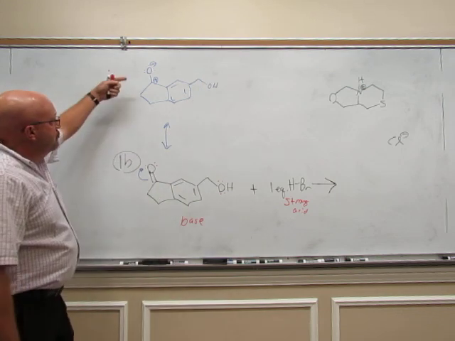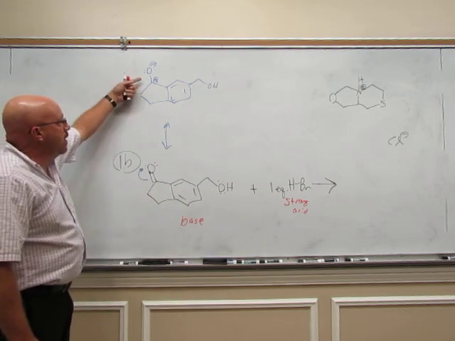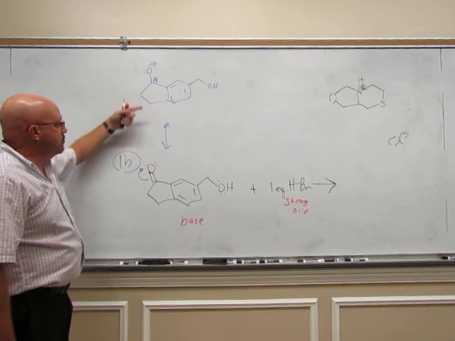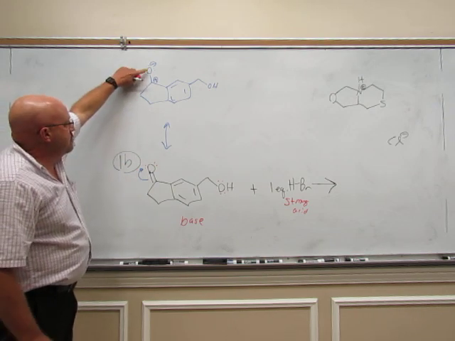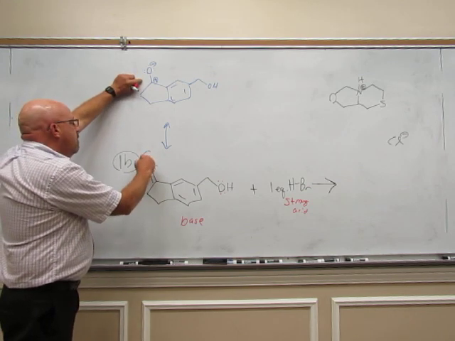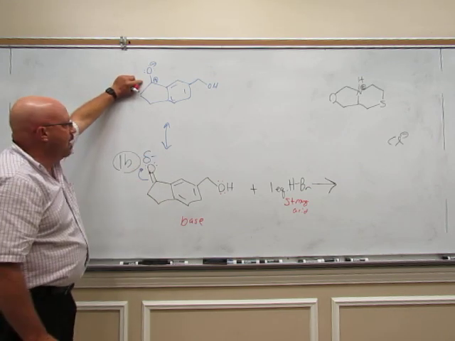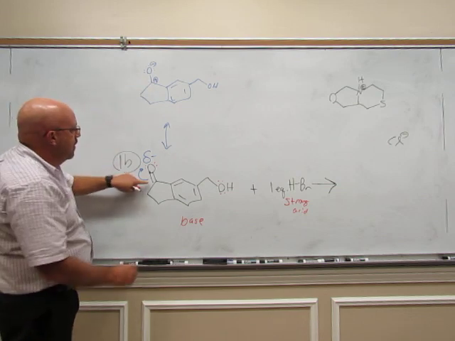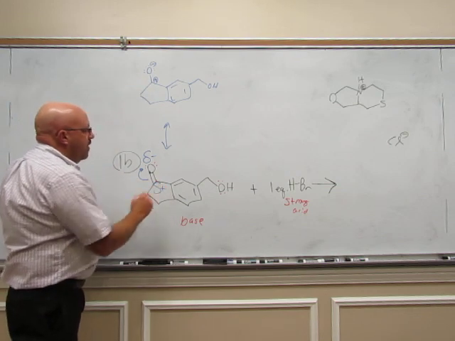There's your resonance structure. So we know the real structure is a hybrid of all of our resonance structures. So with this oxygen, part of the time it's a full negative, part of the time it's neutral. So there's a big partial negative on that oxygen. This carbon would have a big partial positive.